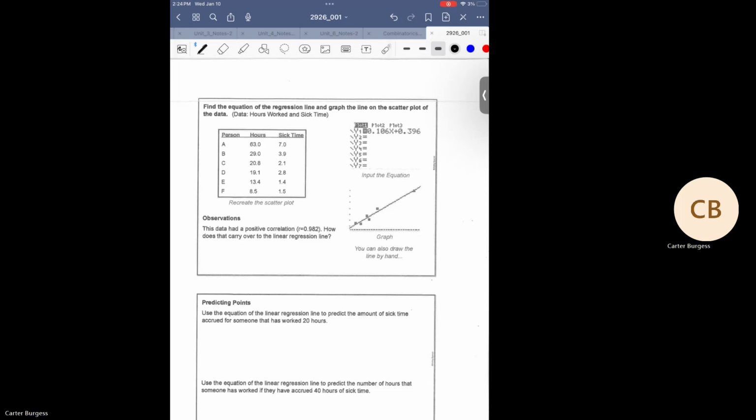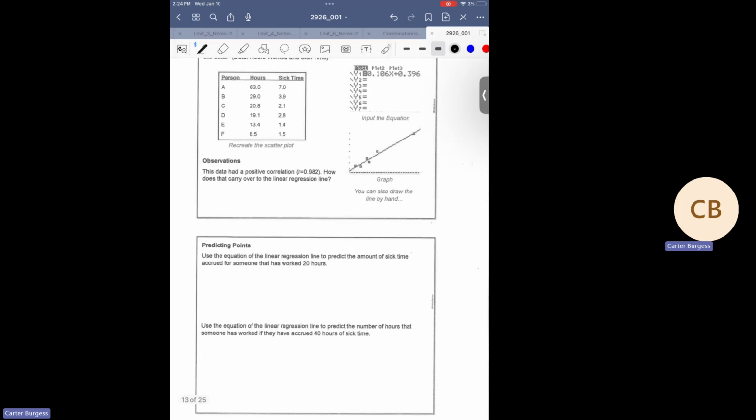All right, so we are trying to use the equation of the regression line that we found, which was that y is equal to 0.106x plus 0.396. We're trying to use this to say something about the world for various guessed values of x.